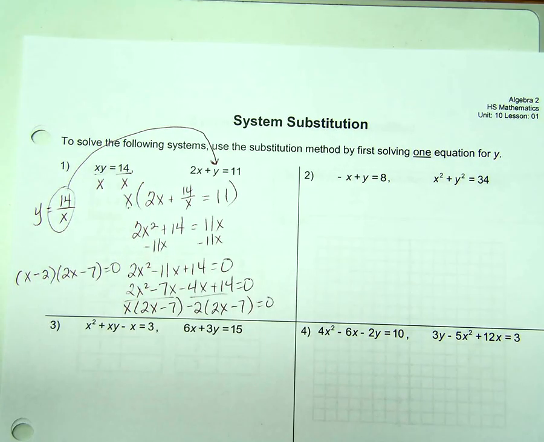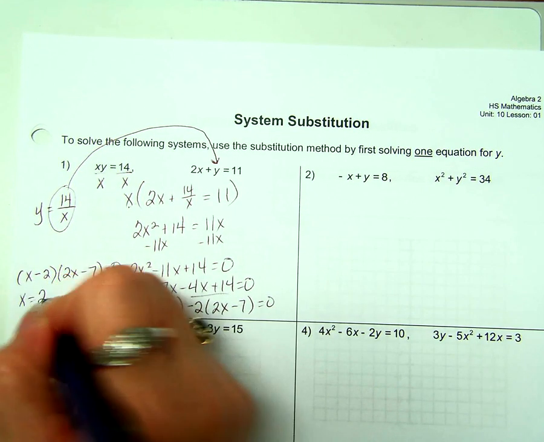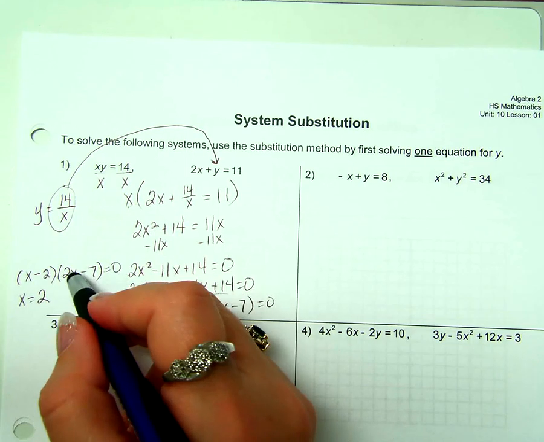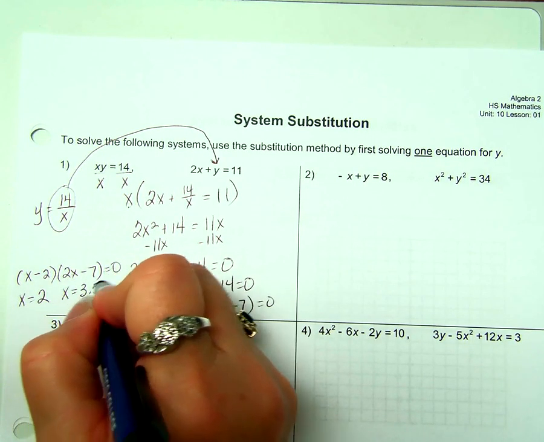What do I do with each of those? I set each one of those equal to 0, right? So I get x equals 2. If I add 7 to both sides and then divide both sides by 2, x equals 3.5.